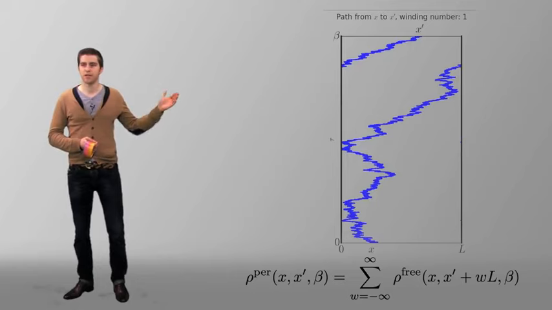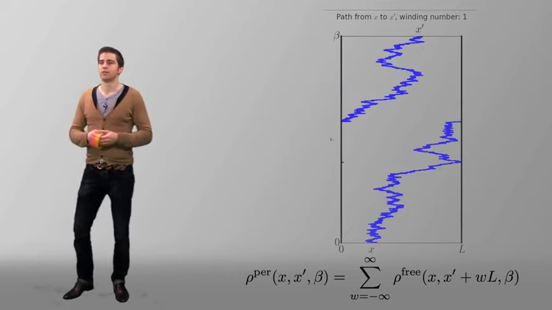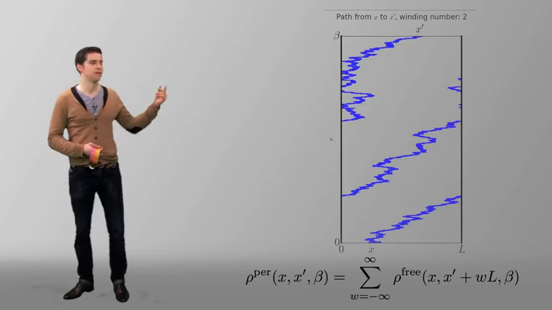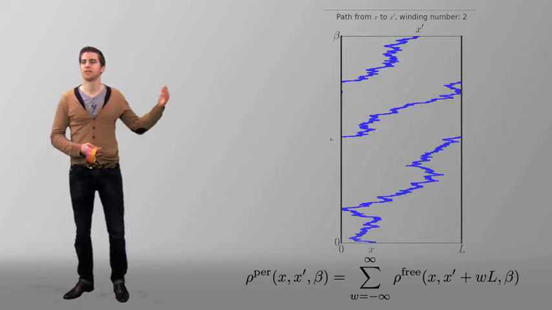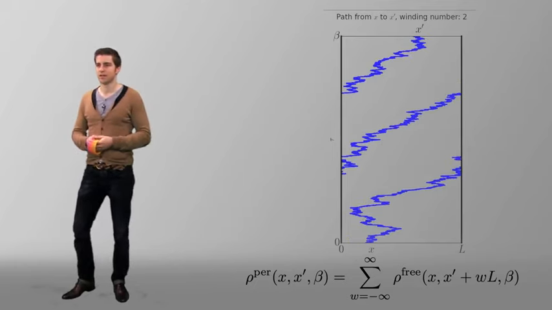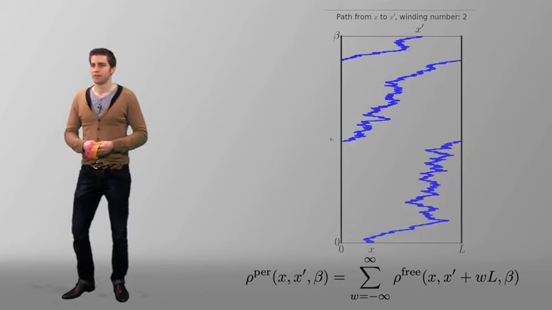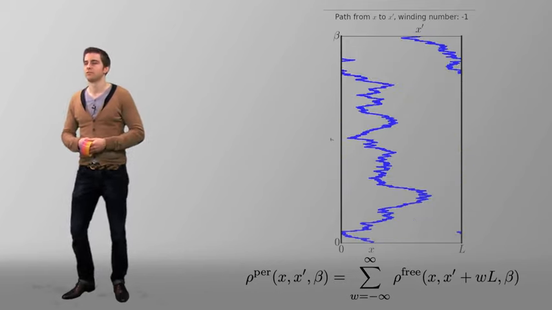That is, they have the winding number W equal to 1, plus all the paths that wind around the box twice, and so on for higher winding numbers. Of course, we can also wind up paths to the left corresponding to negative winding numbers. This concept of winding numbers will come in handy 2 weeks from now. It is key to understand Bose-Einstein condensation.